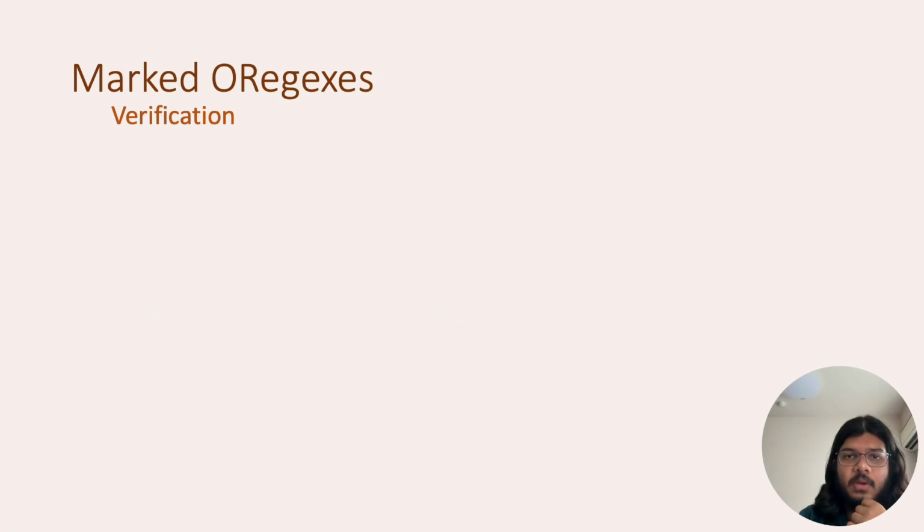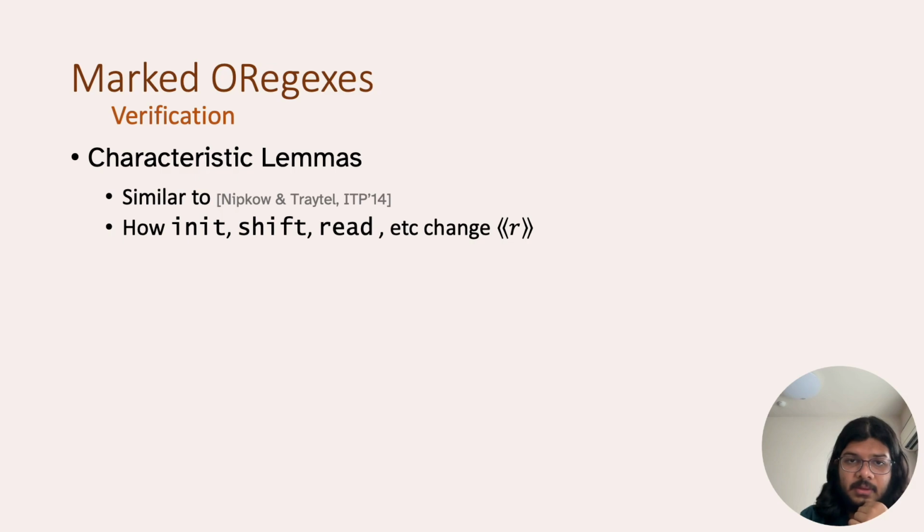Let us briefly look at how the algorithm involving marked regexes is verified. The main idea is to prove several characteristic lemmas. This involves how functions shown in the previous slide, such as init, shift, read, and so on, change the denotation of the marked regular expression. Nipkow and Traytel have previously used a similar proof technique in their ITP 2014 paper.